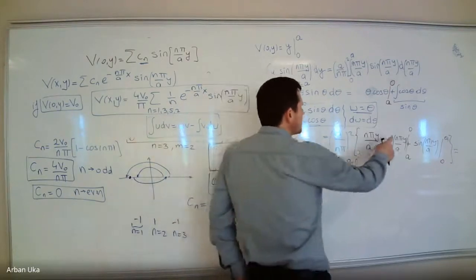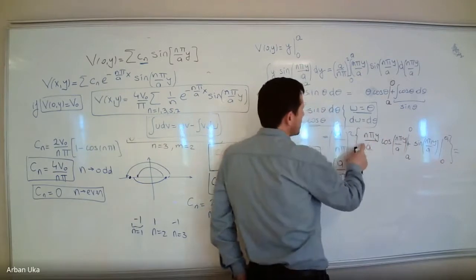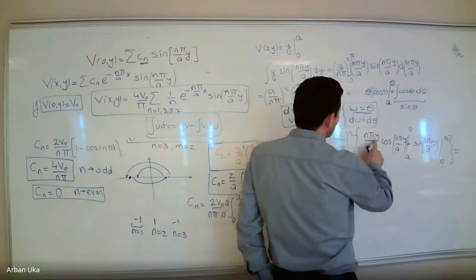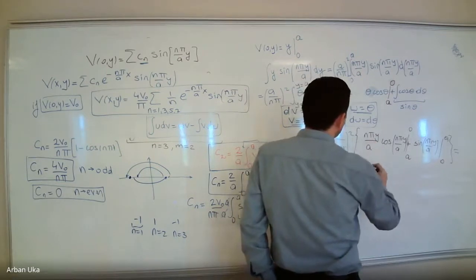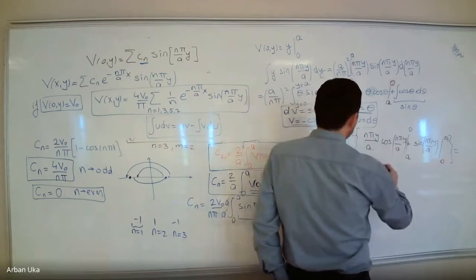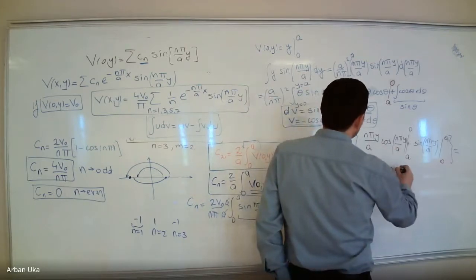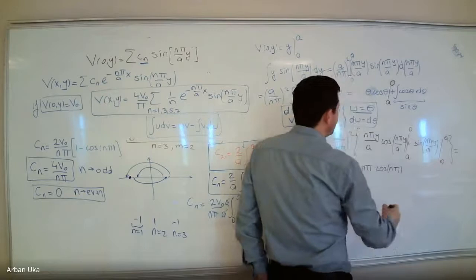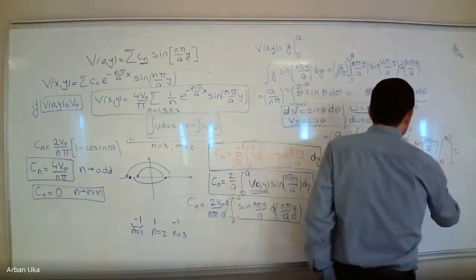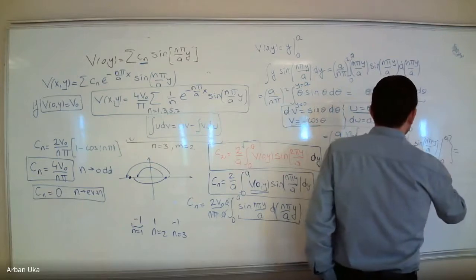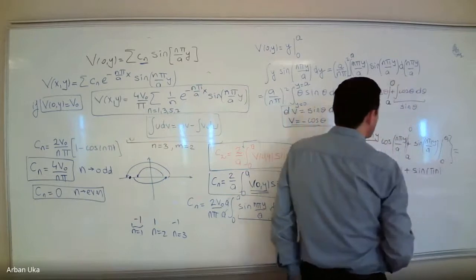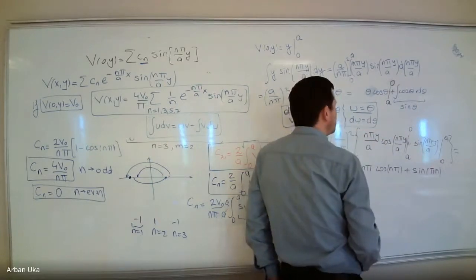Then if we substitute here n equal to 0, this whole term gets 0. Then this is 0 minus, if we substitute here a, this is n pi, because a is cancelled out, times cosine of n pi. Cosine of n pi. Plus sine n pi, so this is really some good piece of work. Sine n pi minus 0.